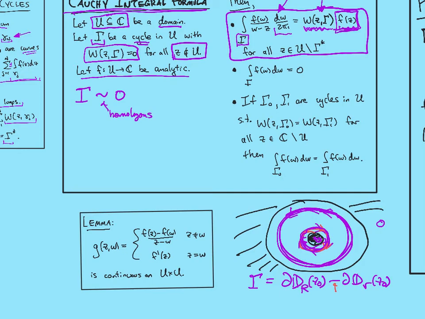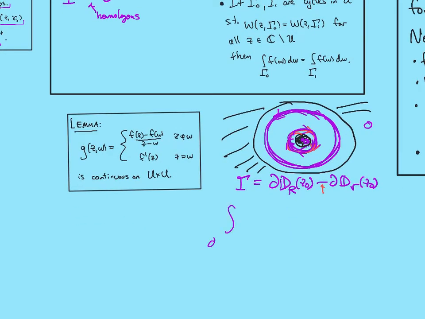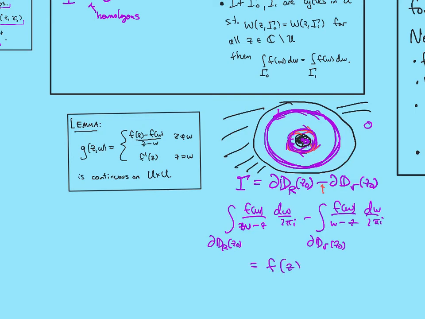So it satisfies the hypotheses here, and then you see that you'd get our usual Cauchy integral formula for an annulus, which was this difference, like so, for z's in an annulus centered at z0.